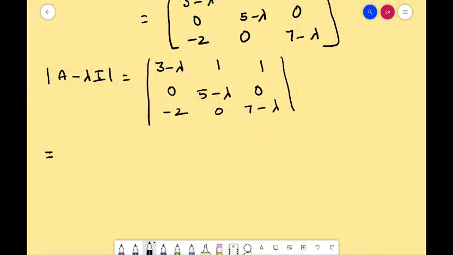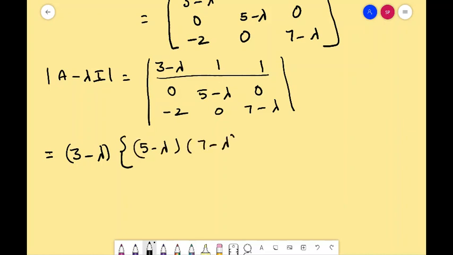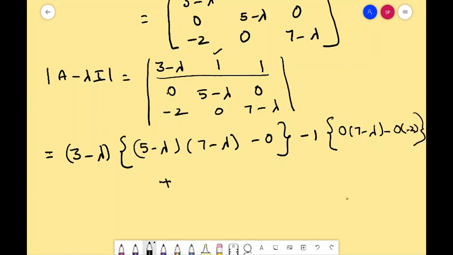It is equal to 3 minus lambda into 5 minus lambda into 7 minus lambda minus 0, then minus 1 into 0 into 7 minus lambda minus 0 into minus 2, and then plus 1 into 0 into 0 minus minus 2 into 5 minus lambda.